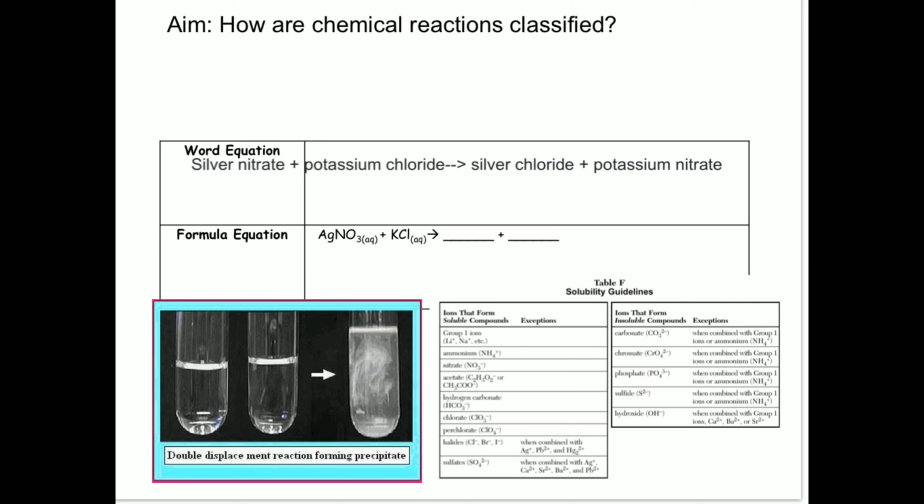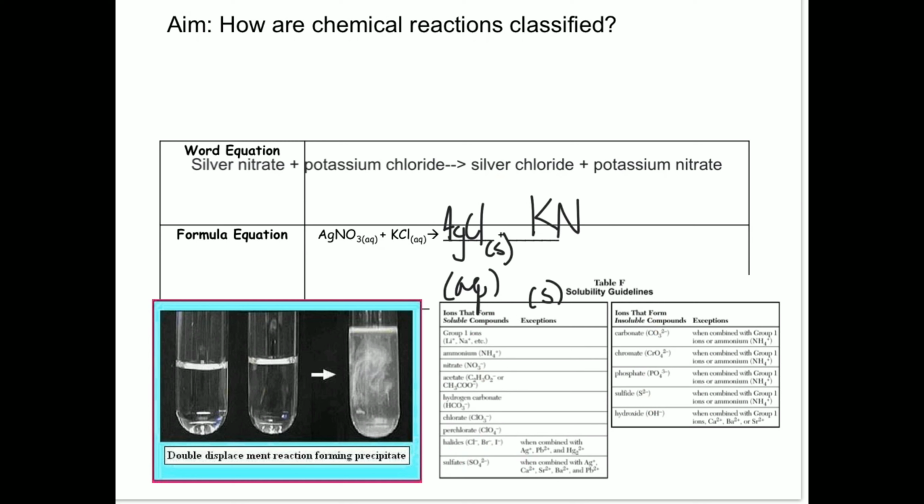When something is soluble, it will have the symbol aqueous. When something is insoluble, it'll have a solid symbol. So silver chloride is insoluble, so it is solid.